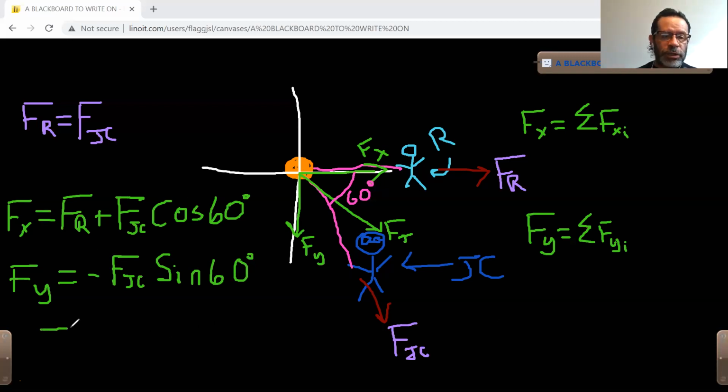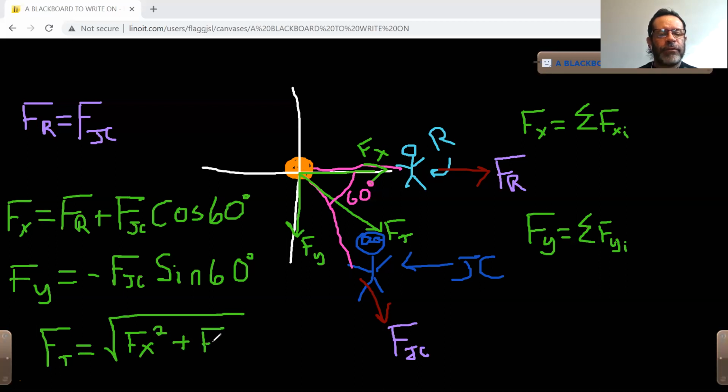The total force is going to be given by Pythagoras. It's always going to be given by Pythagoras. The total force is going to be the square root of the X force that I just calculated plus the Y force that I calculated. Okay. And how can I find the angle of this total force?